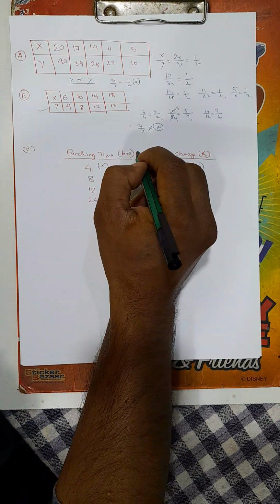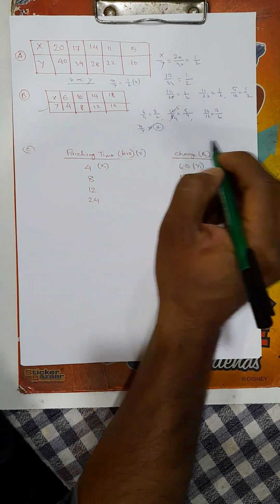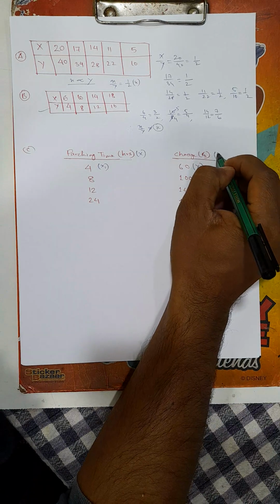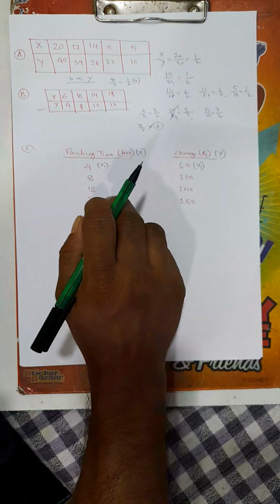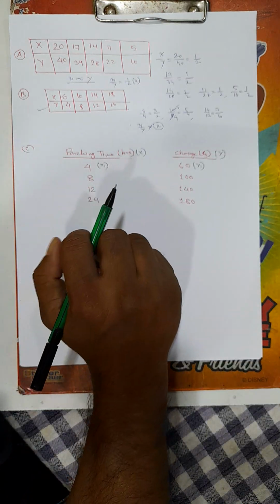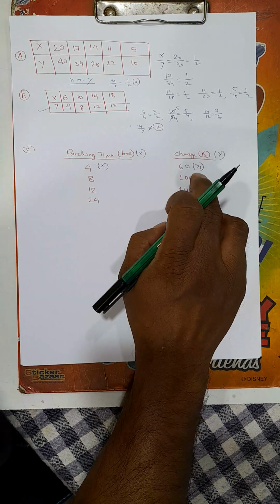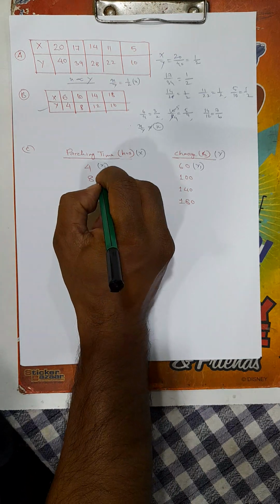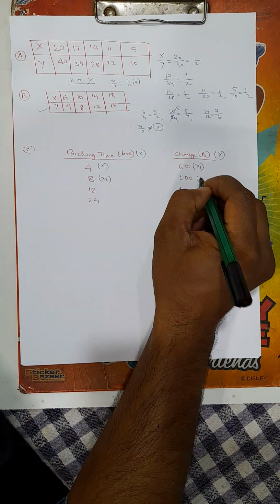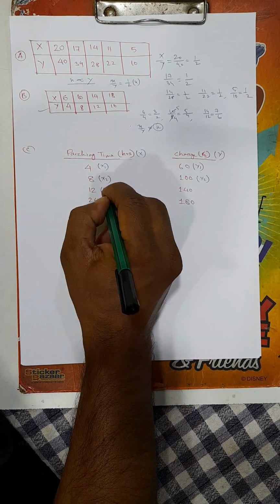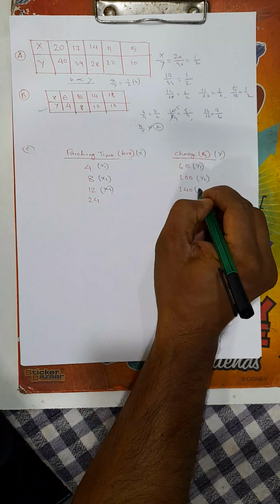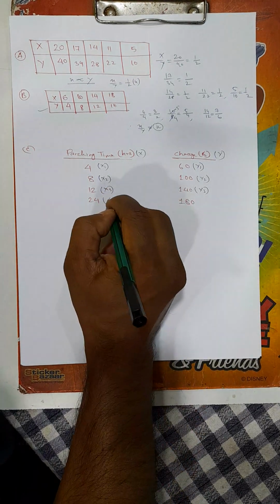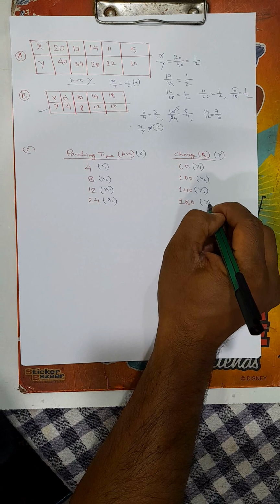Parking time is denoted by x, and parking charge is denoted by y. Now values of x are changing and the corresponding values of y are also given. So you denote these x2, y2, x3, y3, x4, y4.